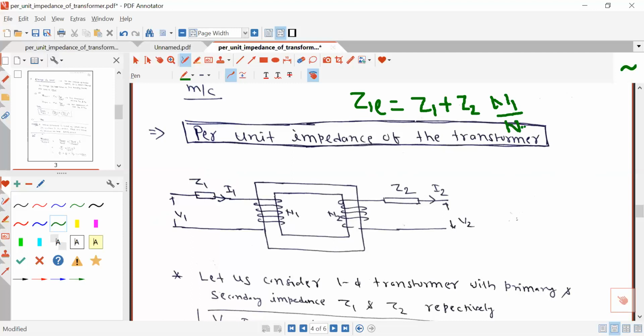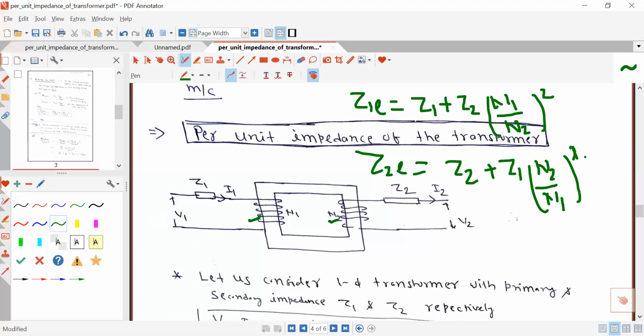Here N1 and N2 are the number of turns in the primary and secondary winding. Similarly, the total impedance of the transformer referred to the secondary side will be Z2 plus Z1 into N2 by N1 whole square.